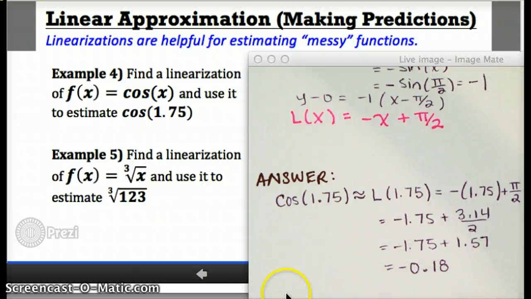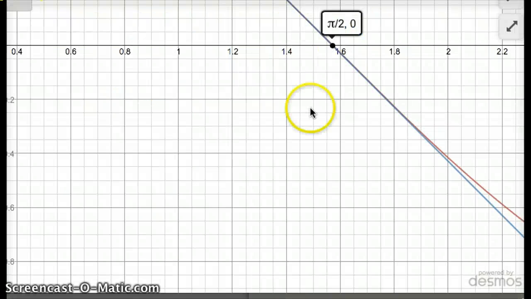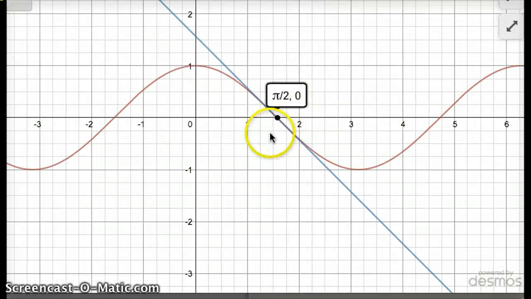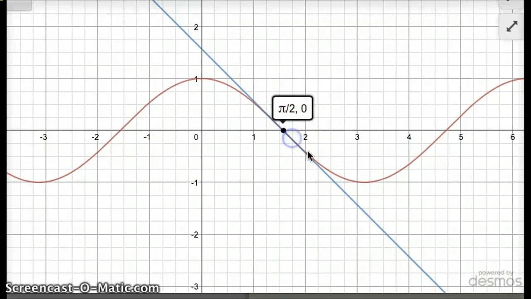That's my estimate. I'm estimating cosine of 1.75 to be approximately -0.18. You can confirm that this is a pretty good estimate, either by going to a graphing calculator, or if I come over here and actually look on the cosine function for the point near 1.75, you can see that we're actually quite close.